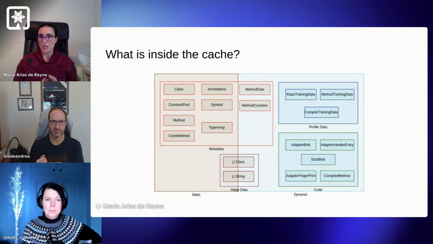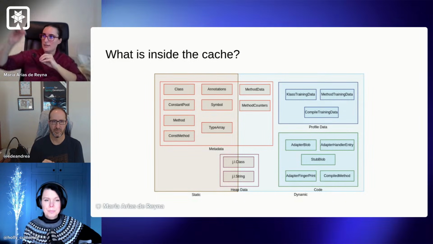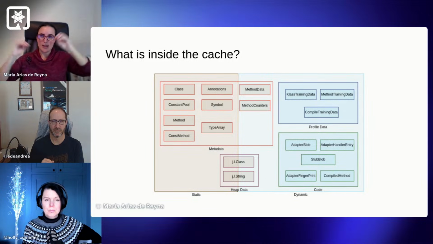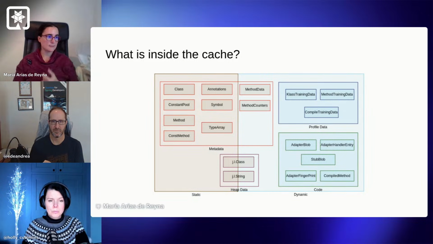And then there is the constant pool that says, okay, I have this symbol, this class mentions some other class. Where is this other class? It's here. So it helps the linkage between classes.